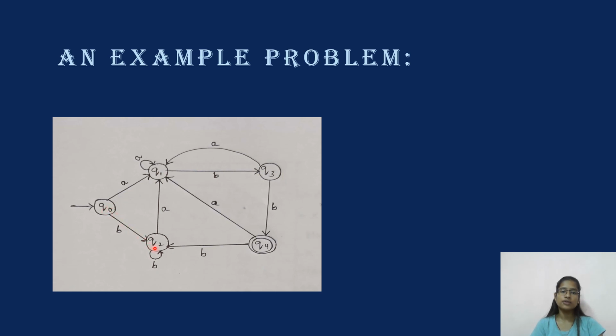Q0 on B moves to Q2. Q2 on A moves to Q1, and on B it is self looped. Q3 on A moves to Q1 and on B it moves to Q4. Q4 on A goes to Q1 and on B it goes to Q2. Here Q0 is the starting state and Q4 is the final state, which is double circled here.